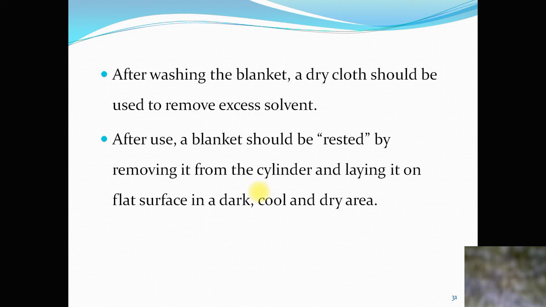When the printing press is in halting condition, maybe for maintenance or because there are no jobs to be printed, we have to remove the blanket from the blanket cylinder, lay it on a flat surface and put it in a dark, cool and dry area. The reason why we should keep this in a dark, cool and dry area we discussed just now.